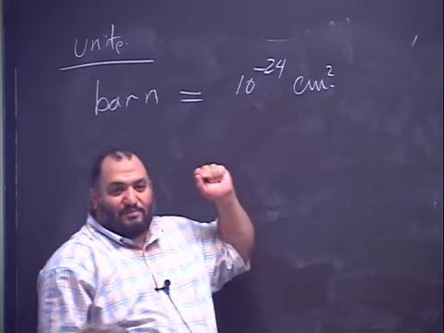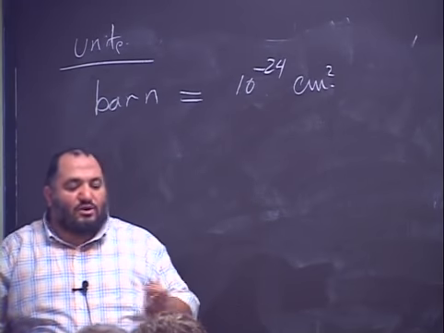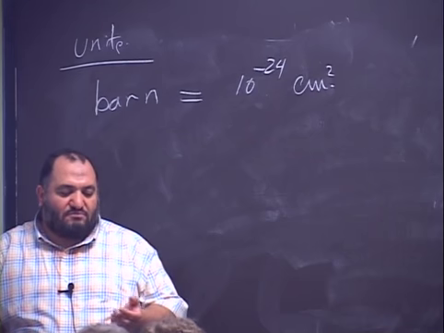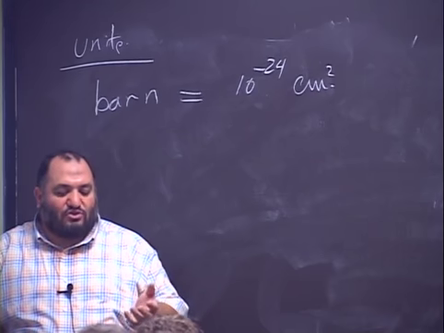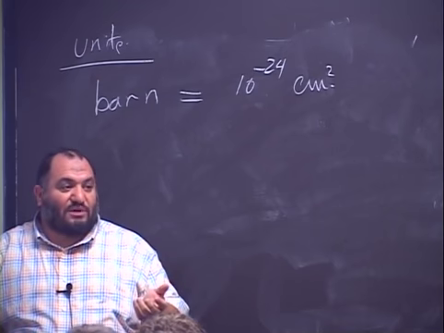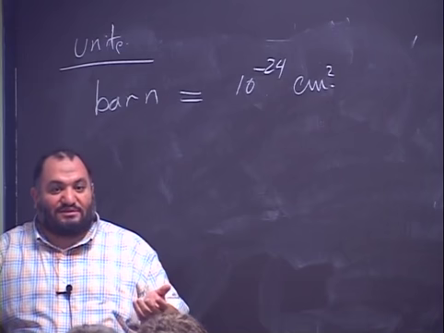Again, if you think a little bit, the atom will have a cross-section of something like angstrom squared. So angstrom is what? 10 to the power of minus 10.